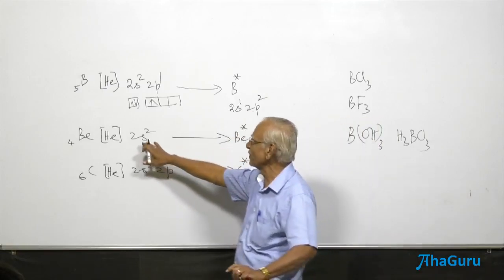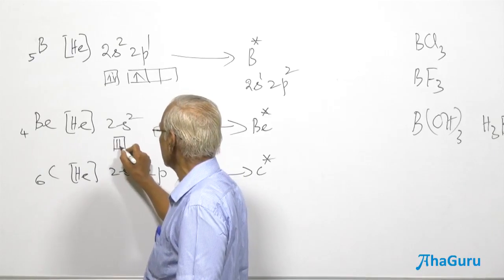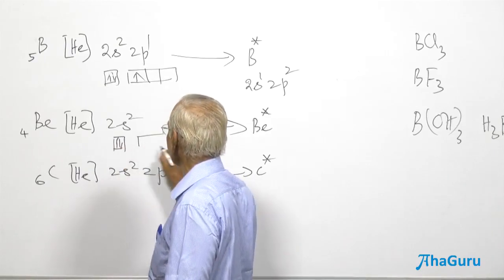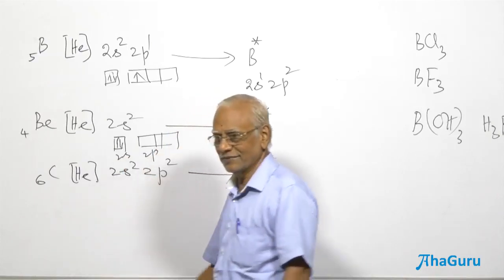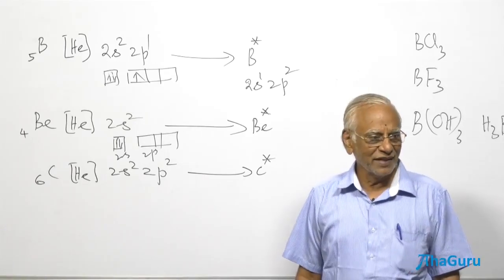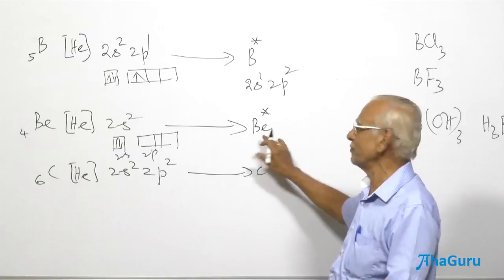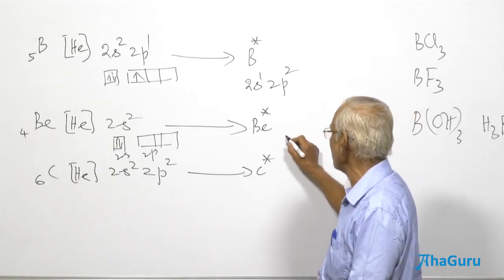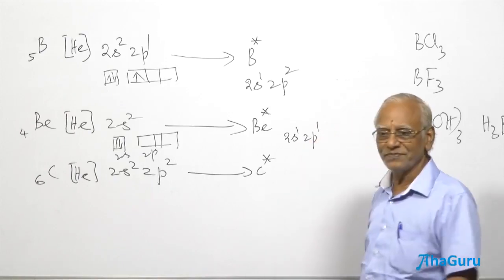Similarly, how do you account for this? 2s orbital is full. Please remember, at the second level, you have the 2p also. In order to account for 2 unpaired electrons, this pair is uncoupled and promoted. What should be the electronic configuration of excited beryllium here? It is going to be 2s1 2p1.